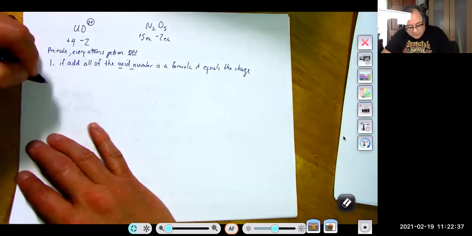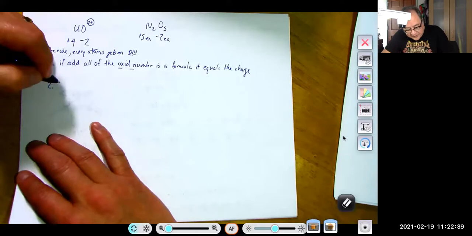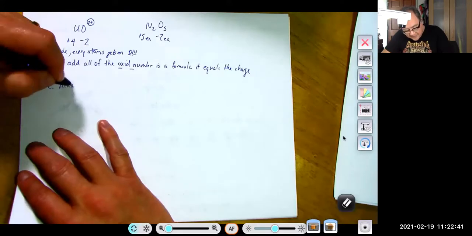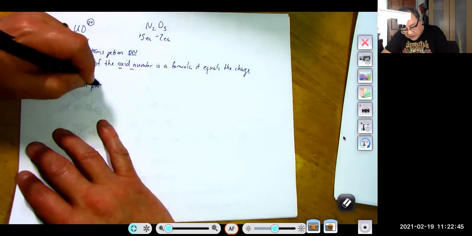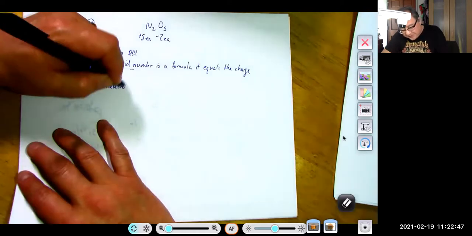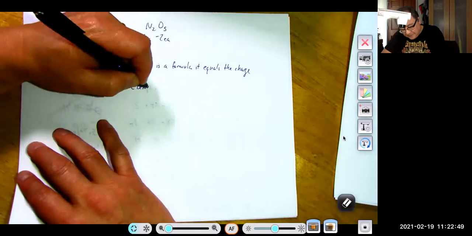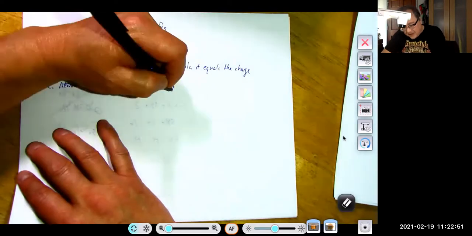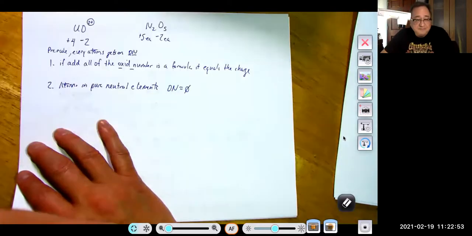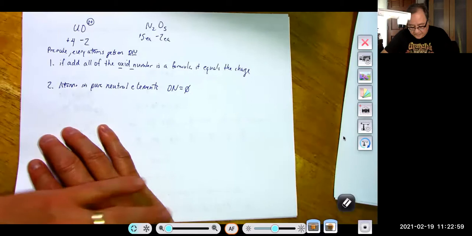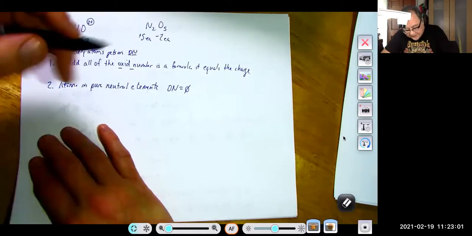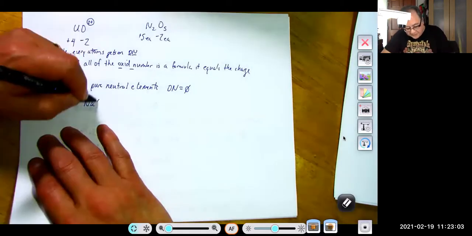Okay, the second rule would be atoms in pure neutral elements have an oxidation number equal to 0. We didn't see any examples like that. But if you had this, that would be a 0.